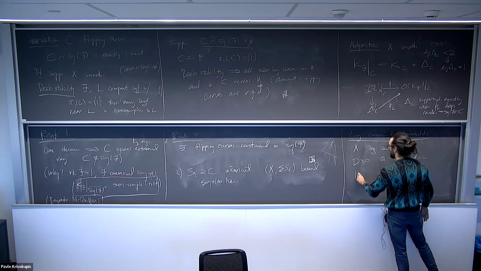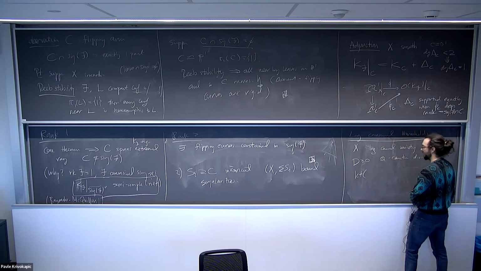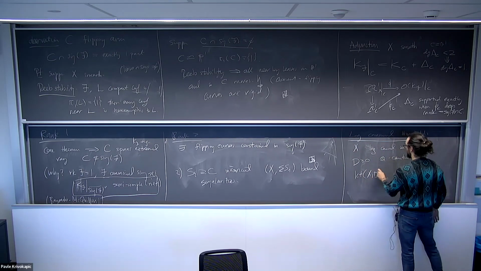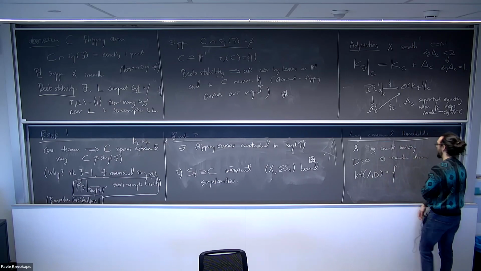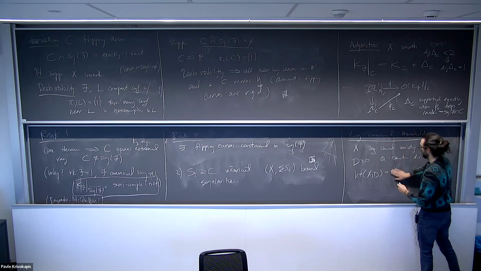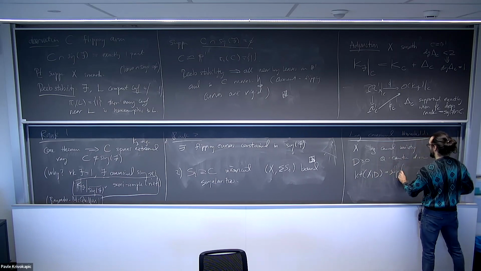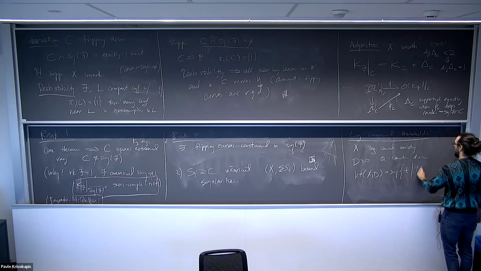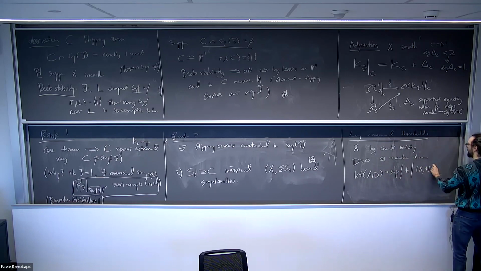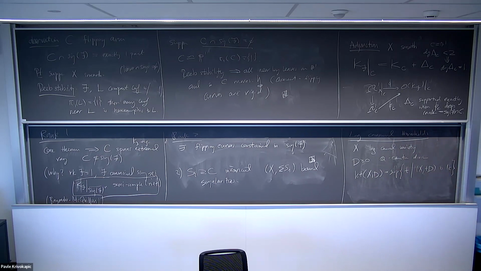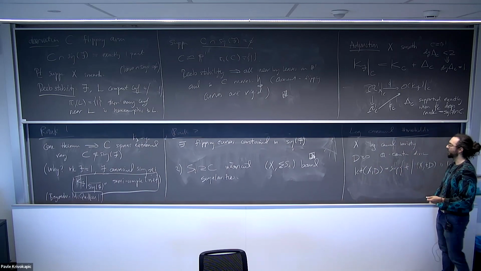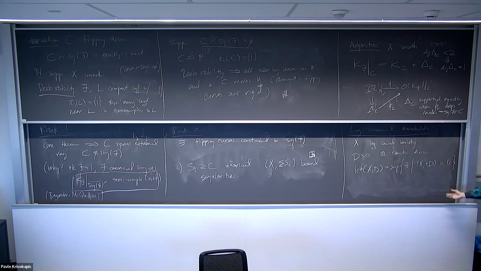And we define the log canonical threshold, LCT, of X and D to just be the supremum of all T such that X, TD is log canonical. And we're assuming X is log canonical, so we know that this log canonical threshold is well defined. So it's not minus infinity or something like this.